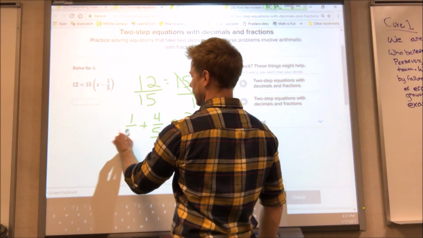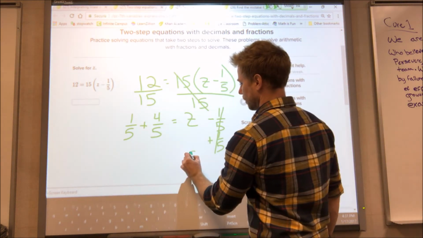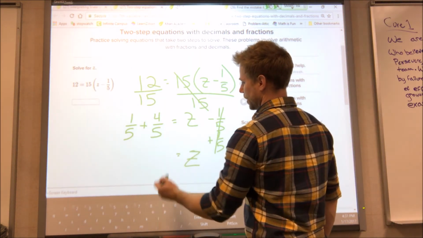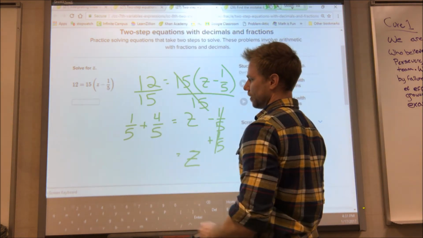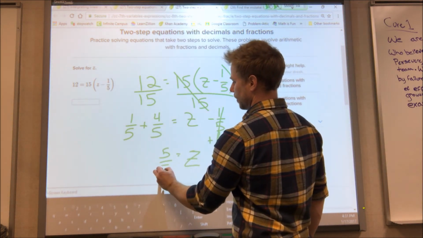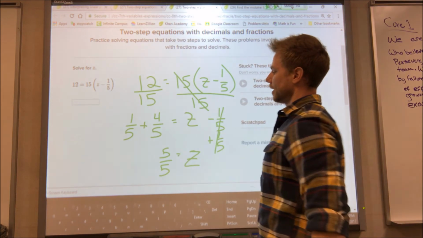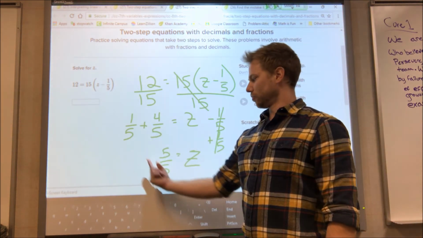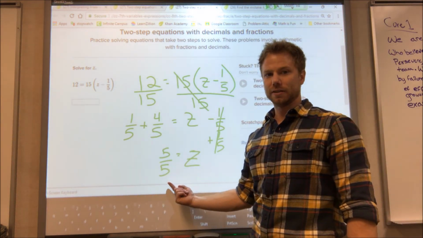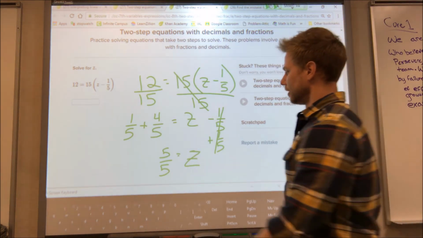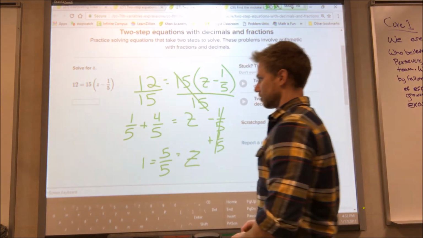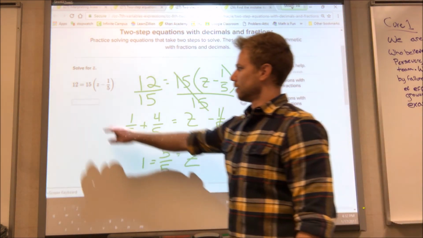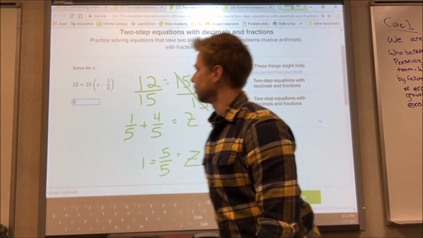What I do to one side, I have to do to the other side. I'm left with z on the right. 1/5 plus 4/5 turns out to be 5/5. 1 plus 4 is 5. When we add fractions, we don't add the denominators together. So it's 5/5, which actually simplifies to 1. So that would be 1 for us.